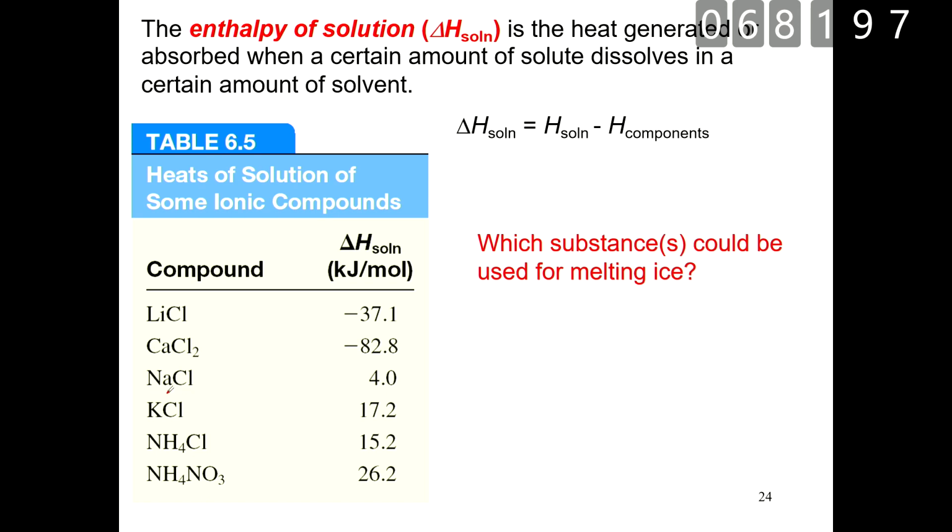If we dissolve sodium chloride in water, which way can speed up the process, heat or cool? Heat. Why? Yes, because it needs energy. So when we provide energy, we can speed up the process. Okay, this one will release energy.